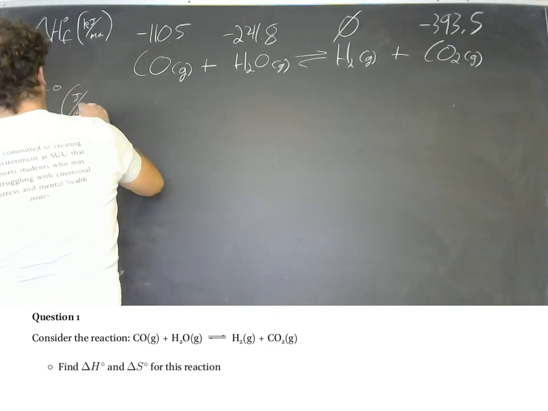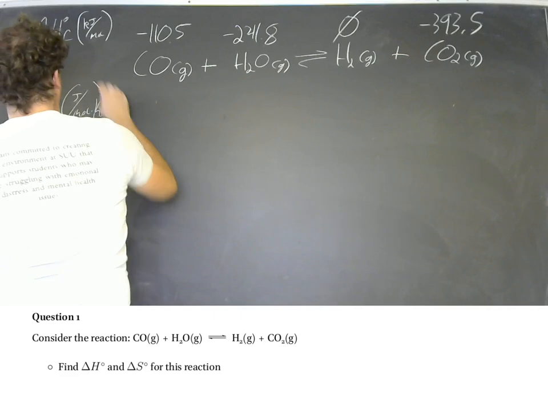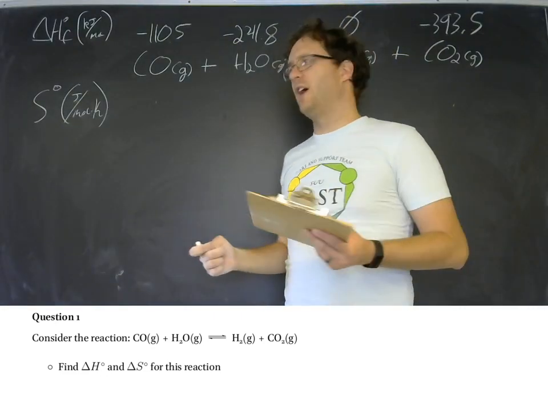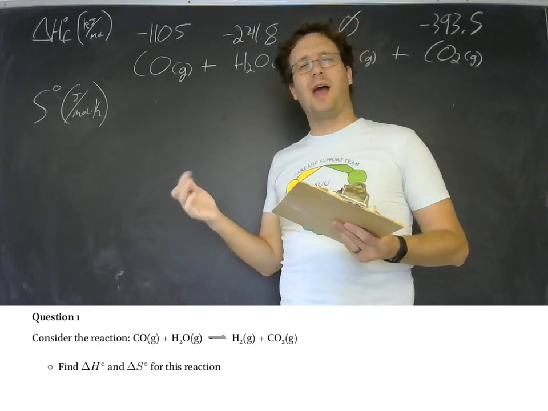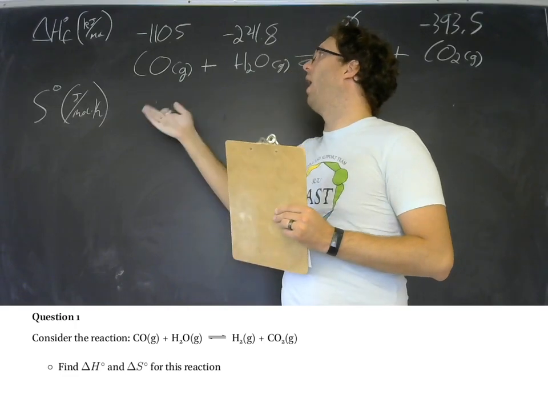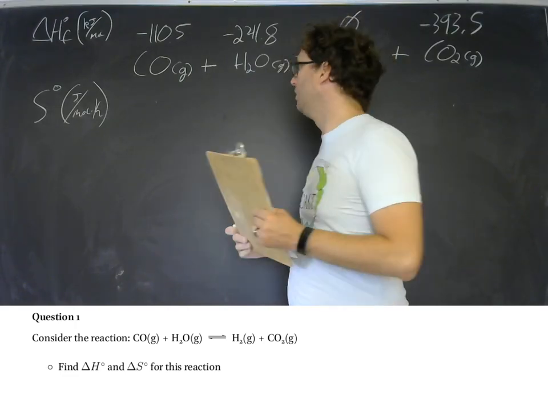joules per mole Kelvin. You'll notice it's not an entropy of formation. Entropies we can measure against an absolute zero standard, and so we don't need to look at formation reactions.